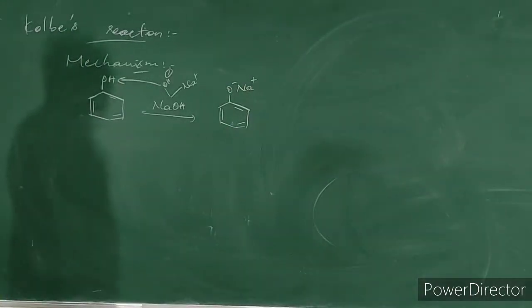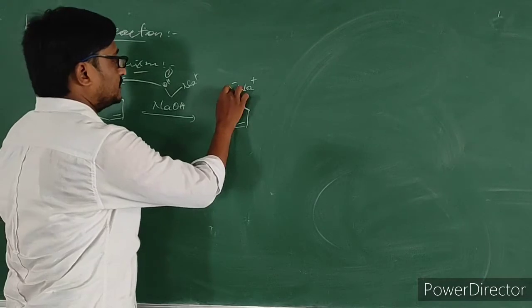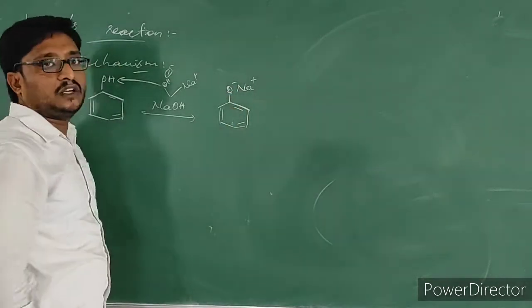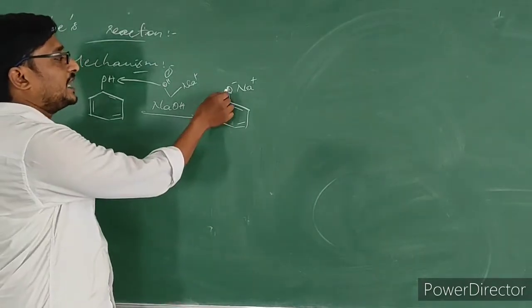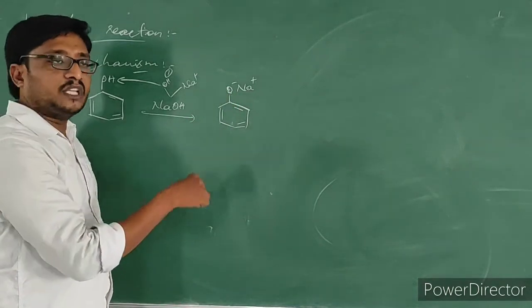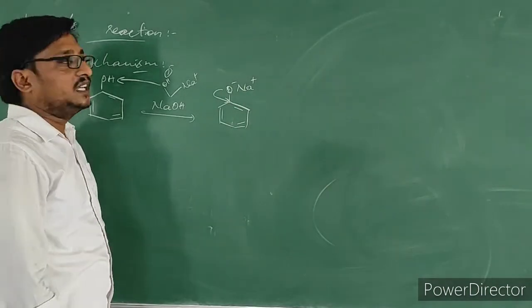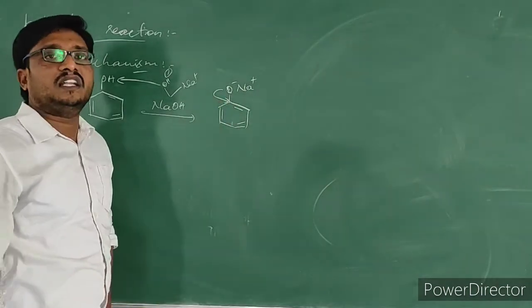We know that the oxygen which is present on this benzene ring, the lone pair electrons of this oxygen will be in conjugation with this benzene ring. It will show a resonating effect.